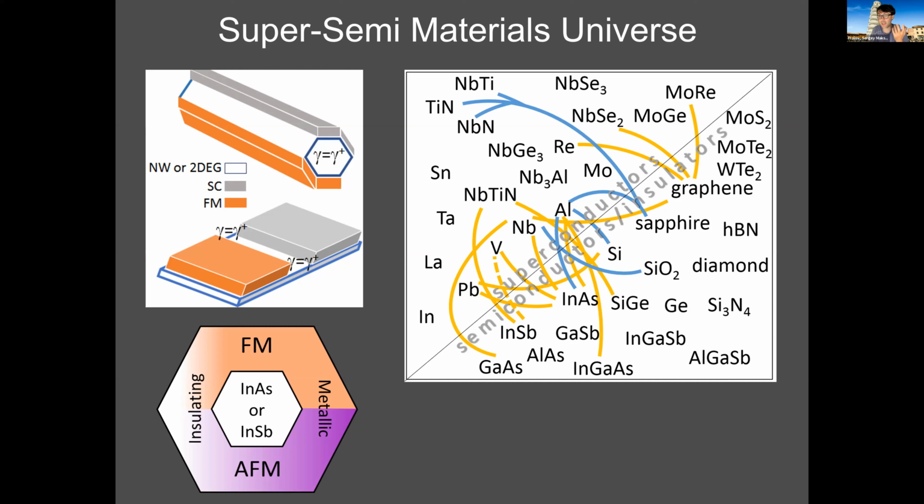And so the idea is to find a materials combination that not only gives a nice interface in terms of crystal quality, but is also optimal for Majorana. Maybe provides optimal coupling between metal and semiconductor. Maybe it optimizes spin orbit coupling. And a lot of important work is being done in this dimension of the problem.